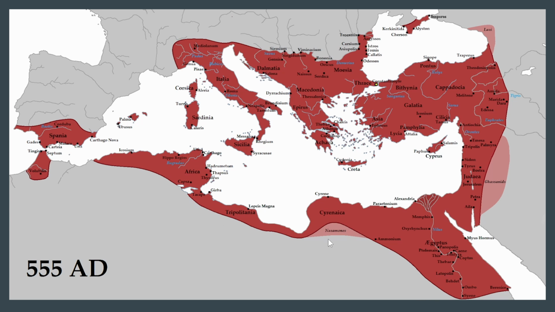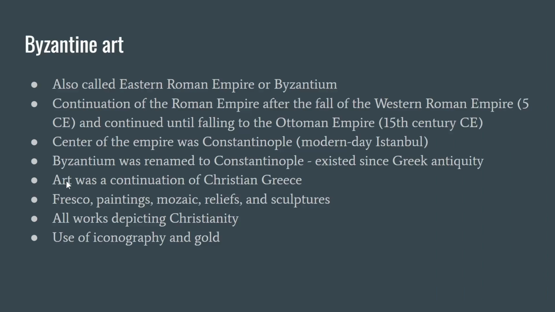Okay, so let's talk about Byzantine art. The Byzantine Empire was also called the Eastern Roman Empire, or Byzantium. The Roman Empire got so big that they had to split it in half.